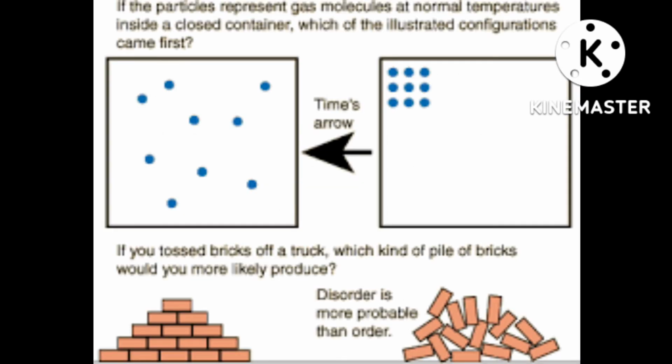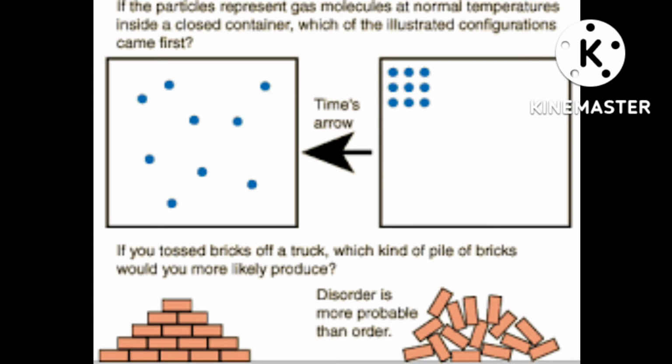You only removed the partition. Then they have mixed by diffusion. In diffusion also you are not doing anything. You mix gases A and B, and they will automatically mix. That is called diffusion.